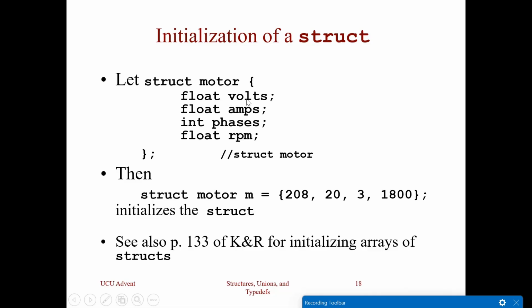So we have float and we have integer here. Volt is of type float, amp is of type float, and RPM is also of type float, but phase is of type integer. So it can hold data of different kinds.